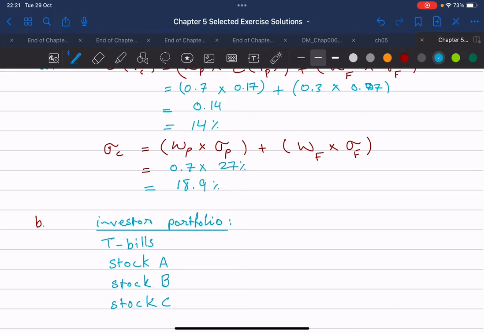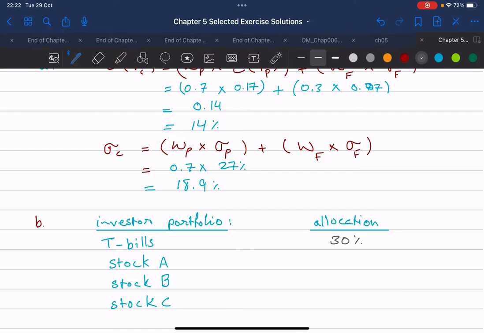Here, I'm going to add another column. I will call it allocation. Right? Now the allocation in the investor's portfolio to treasury bills is already given to us in the question, which is 30%.